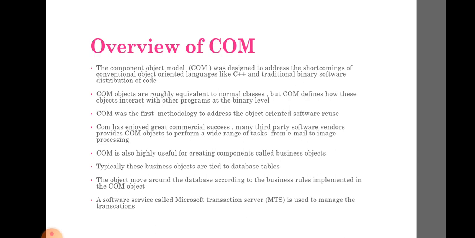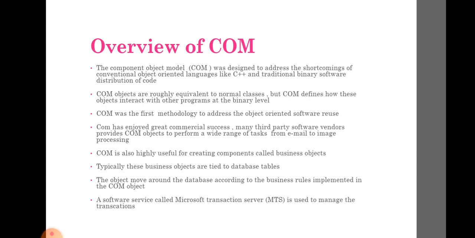What are COM objects? It is nothing but just an object, like those used in our C++ and Java classes. It defines how objects interact with other programs at the basic level, that is, the binary level. That means how they communicate with all the methods and member variables of the class which are already built in as an object.